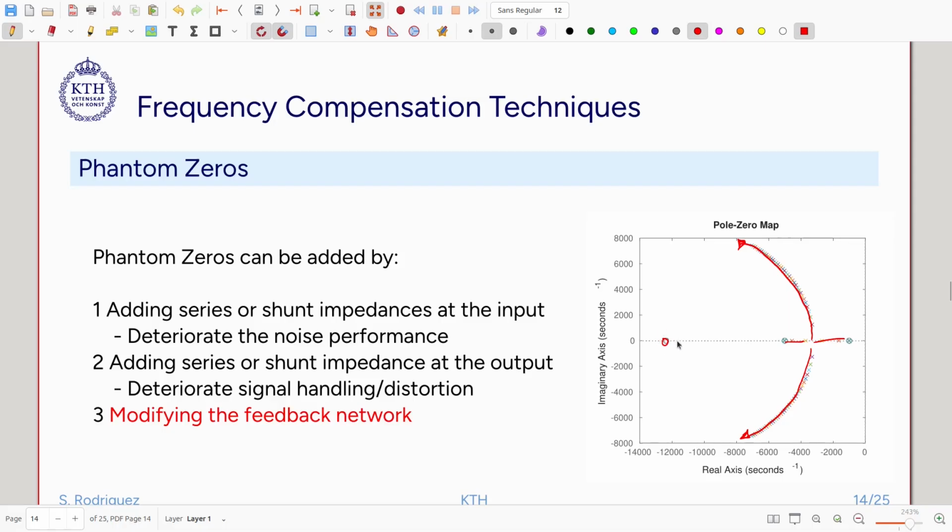We can place these phantom zeros in positions that allow me to manipulate these poles. Not always possible, but very often we can introduce these phantom zeros and they do a very good job.